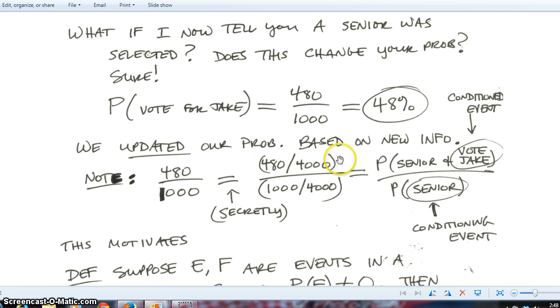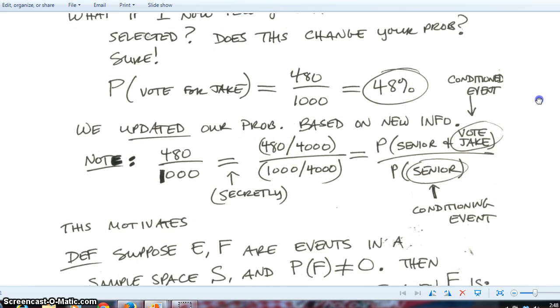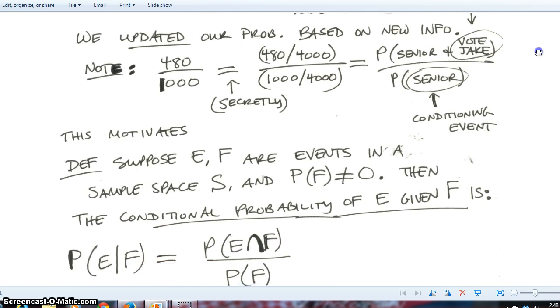Because I can divide the top and the bottom by 4,000, which is the total number of students that we could have selected. So this example is the whole idea behind motivating the definition of conditional probability that I'll give you right now.